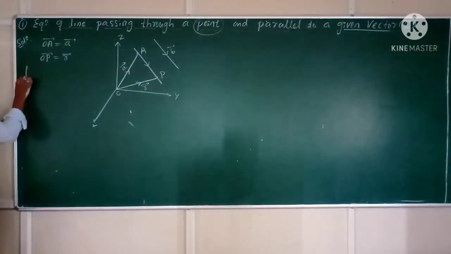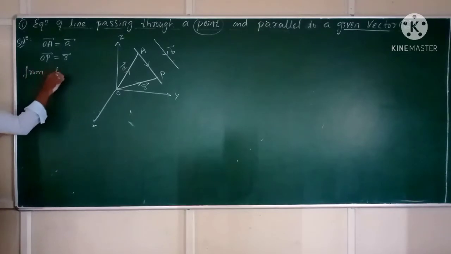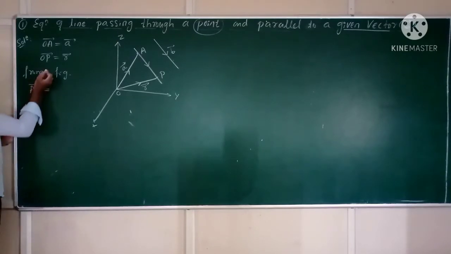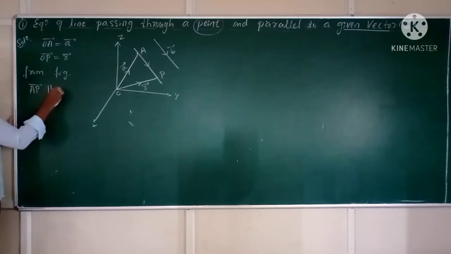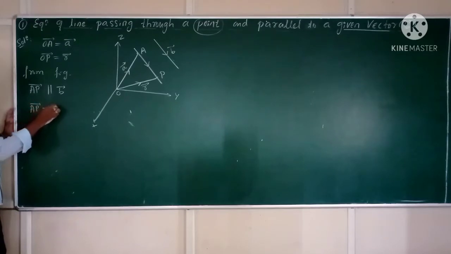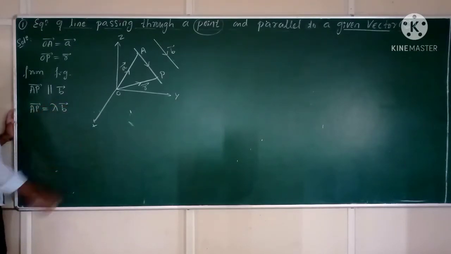So therefore, from the figure, AP vector is parallel to B vector. If AP vector is parallel to B vector, then AP vector should be equal to lambda times B vector.